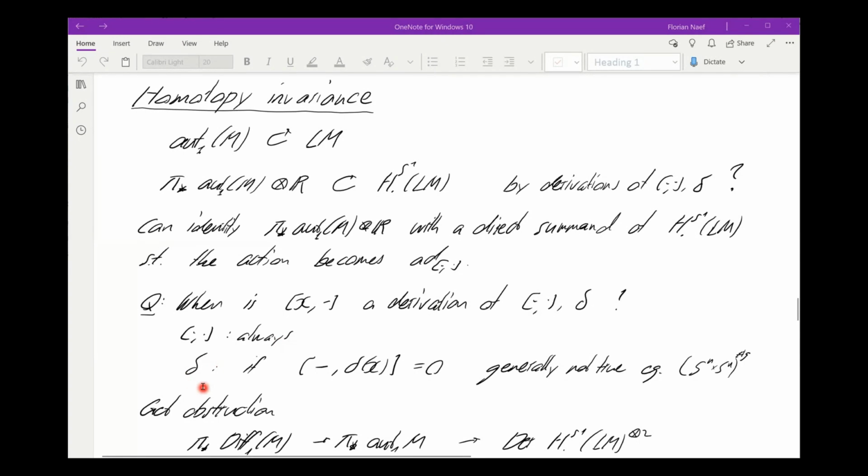But for the cobracket, it turns out that it's at least not automatic. The equation that you get by just playing around with the axioms of a Lie algebra is that it only preserves the cobracket if the cobracket of the element itself is zero, or it acts on everything else by zero.